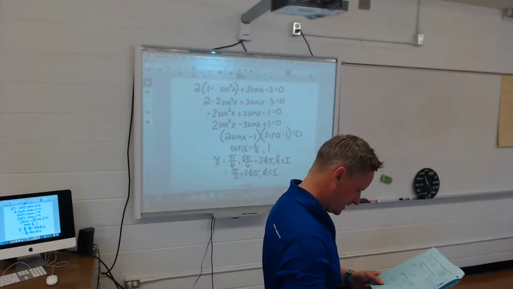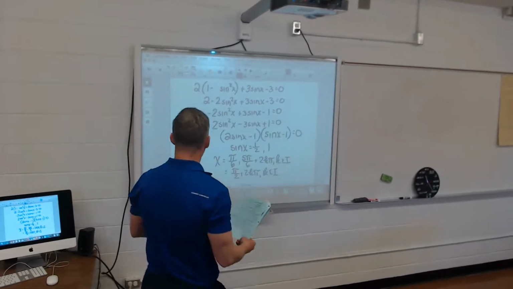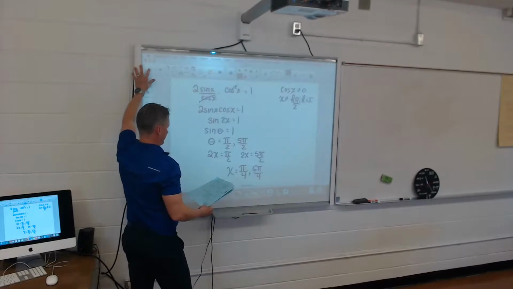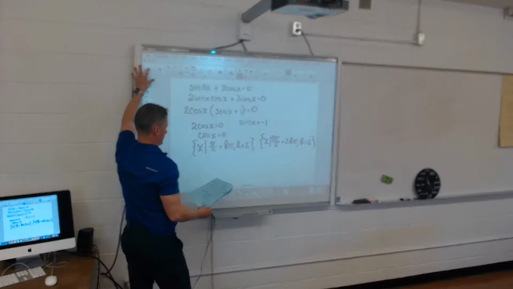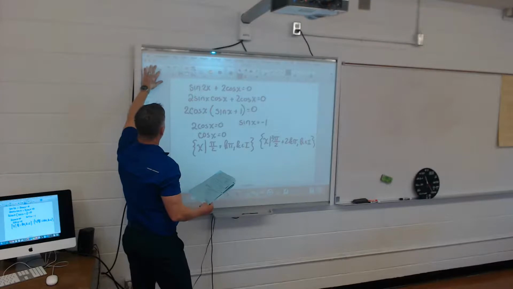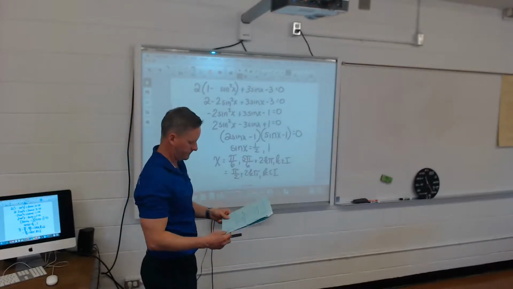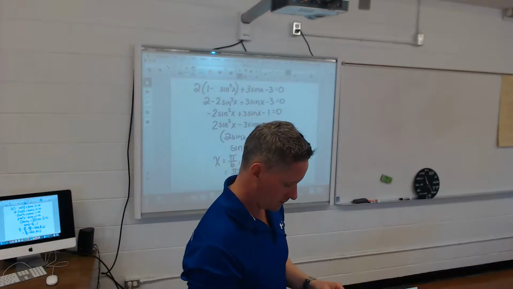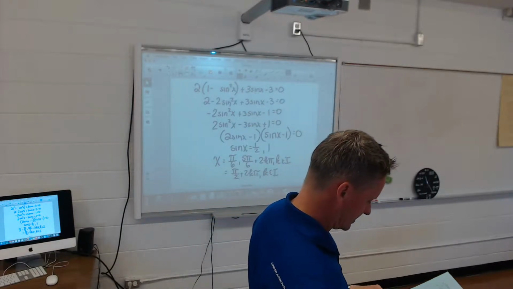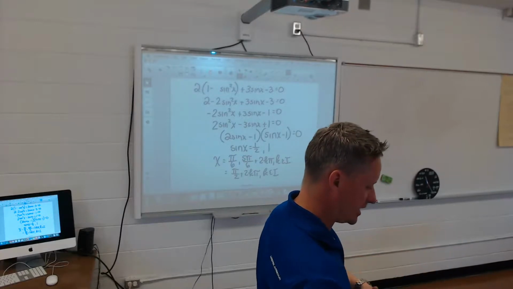Pi over 2 plus k pi. Let me just look back. Okay, yeah, you got it right. I had it marked incorrectly. You had a bit of a mess on the sine part of it, so I have to change that.